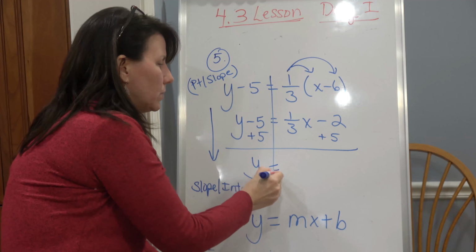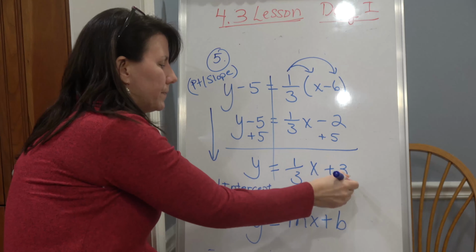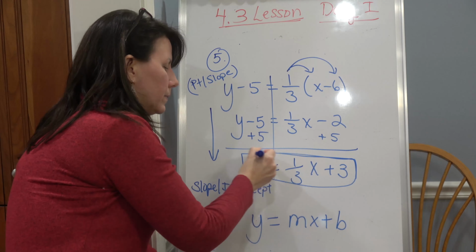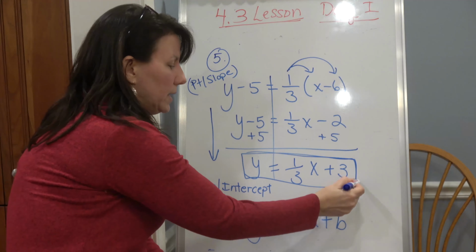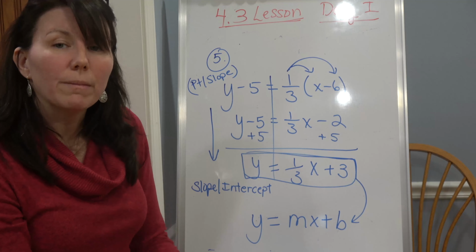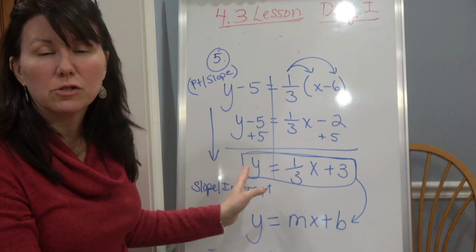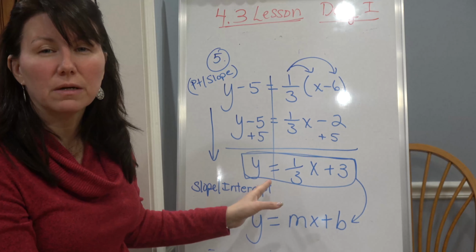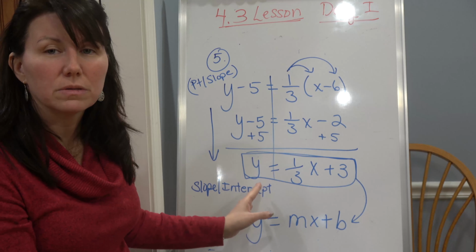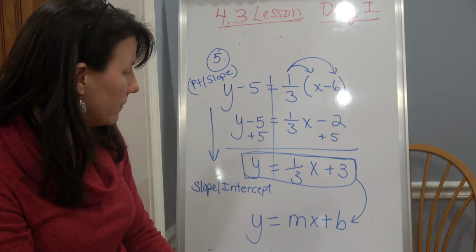So y equals 1/3 x plus 3. So this would be the answer because I have it in slope-intercept form. Remember, slope-intercept form, it's okay to have fractions, so we don't need to do anything about clearing fractions here. We just need the y by itself equals a number times x plus a constant, which is what we have.